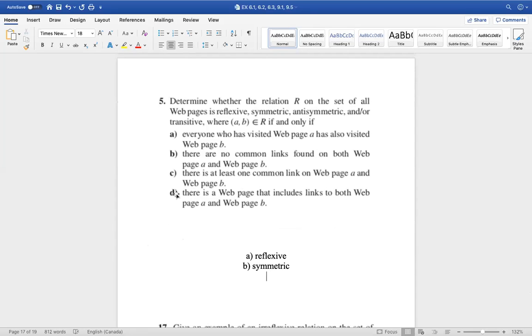So part C, there is at least one common link on web page A and web page B. When we have at least one common link, because this is also a property for a symmetric relation, this will come as symmetric. There is a web page that includes links to both web page A and web page B, just like above. So this also represents a symmetric relation.